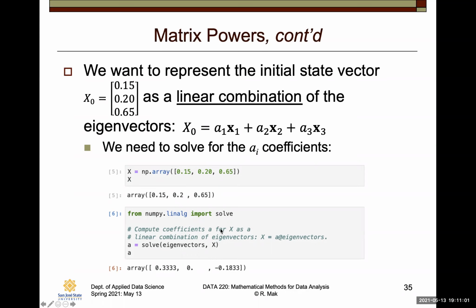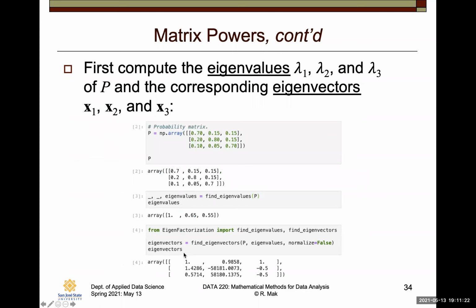Well, we know how to do that because we can call solve. If we have the eigenvectors, this is the matrix of the eigenvectors, the one where the columns were the eigenvectors.